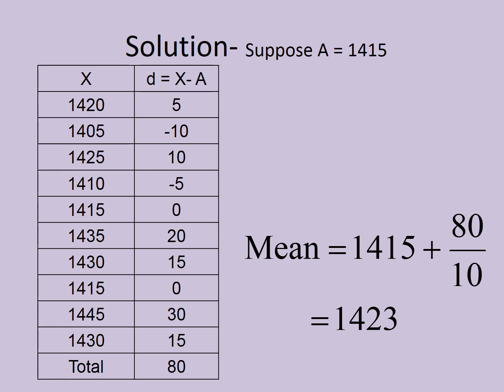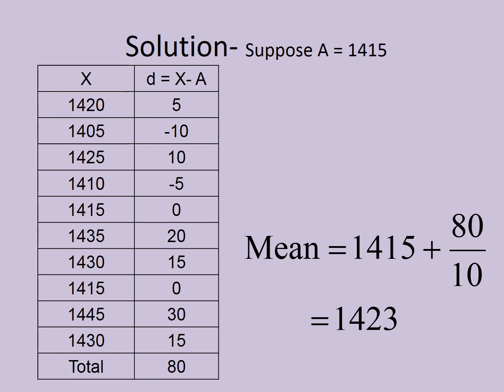Likewise, the second value 1405 minus 1415 will give you minus 10. Likewise, you have to calculate the difference for all 10 values, and at the end of this second column you have to find the summation of these difference values considering their plus and minus signs. So the summation of these values comes to 80 considering their positive and negative signs.